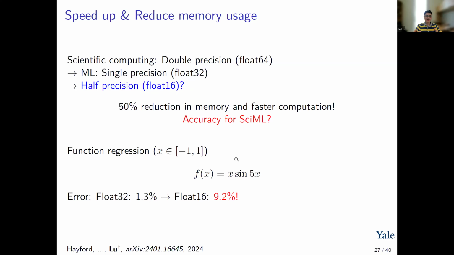However, by applying this idea directly to the regression problem, even for this simple function regression, f(x) equal to x sin 5x, we found that by using half precision, or this low precision, our accuracy decreases a lot. For example, when we train this network using float 32, we can have 1% error. But if we use float 16, our error is almost 10%.